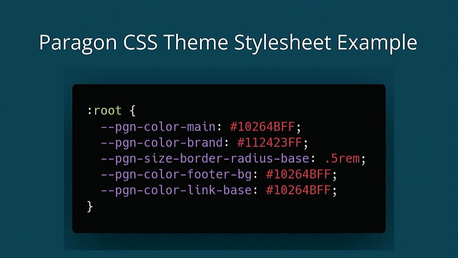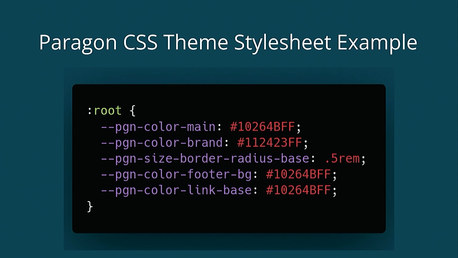It's changing the base color for links, it's changing the footer background color, and you can have your own properties like this if you have your own code that's using CSS styles. The reason I say it's not realistic is because this is just changing the base brand color. You still need to change the variants.